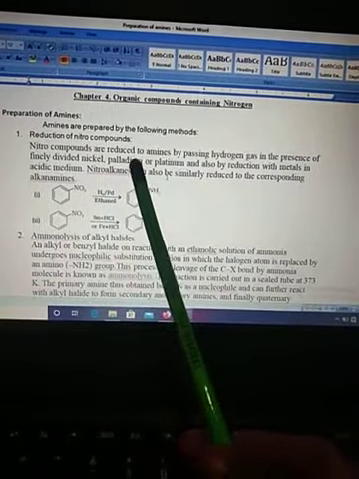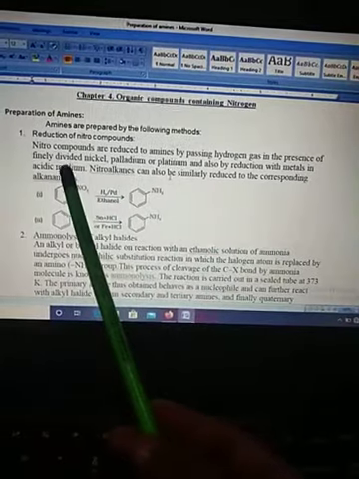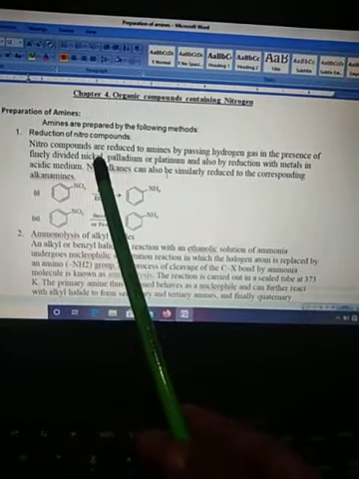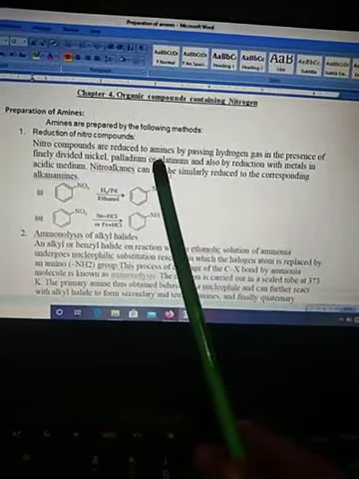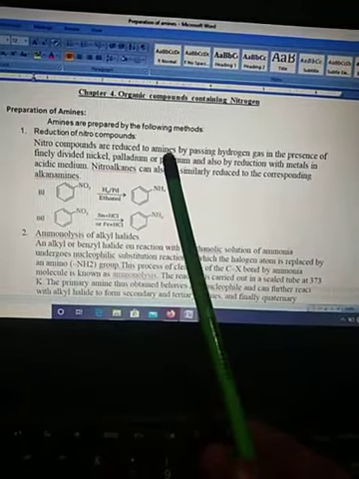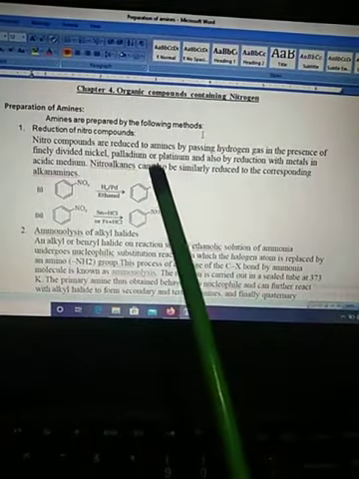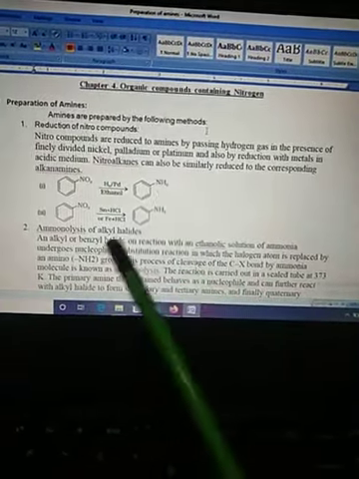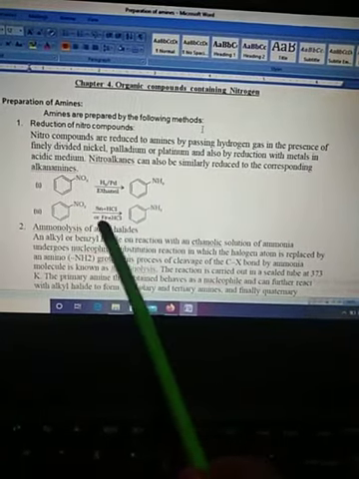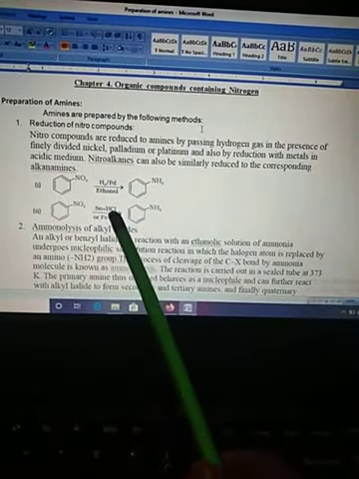We can use a reducing agent like finely divided nickel, palladium or platinum, or we can also carry it out by the use of, as you can see in the second one, tin and HCl or iron and HCl.